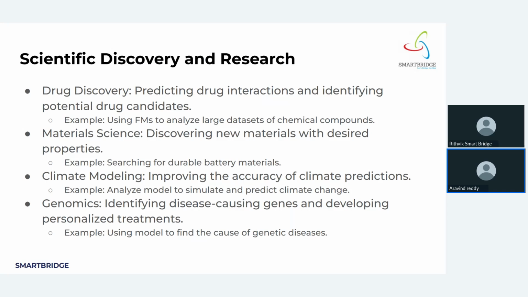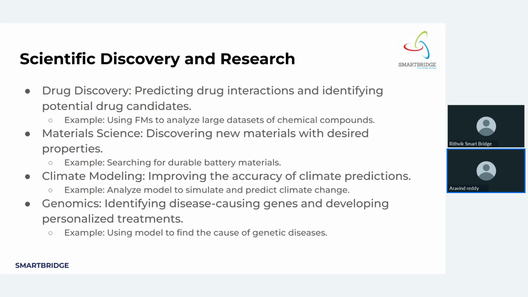Scientific discovery and research. In these areas, we can use these foundation models, like drug discovery, right? Predicting and identifying potential drug candidates. It is very important, right? And materials science: what is materials science? Discovering new materials, raw materials with the desired properties.